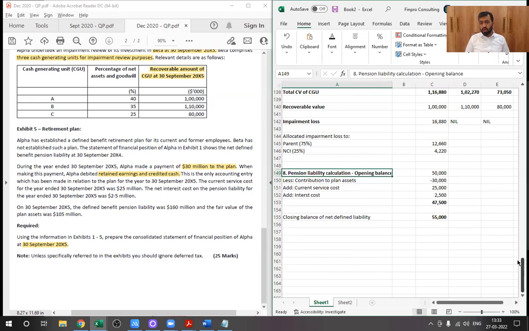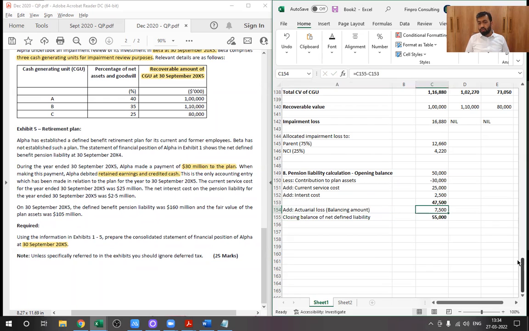This is the reconciliation we are doing. After adjusting the contributions to plan, current service cost and interest cost in the opening balance sheet, I get this liability, but my liability is more, which means there is a loss. So this is the actual loss, the balancing amount.